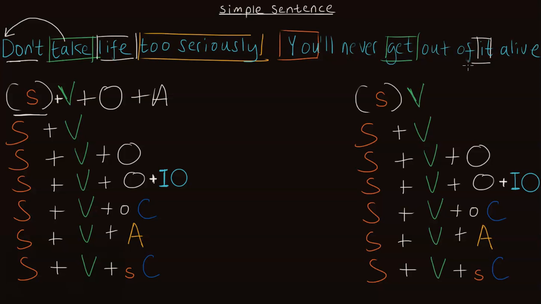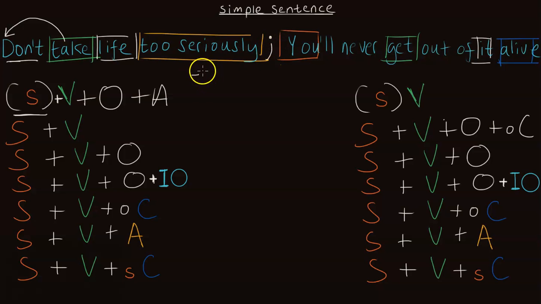Direct object becomes alive. Okay, so it becomes what? It becomes alive. So that's an object complement. So here we have subject plus verb plus object complement. Two simple sentences.